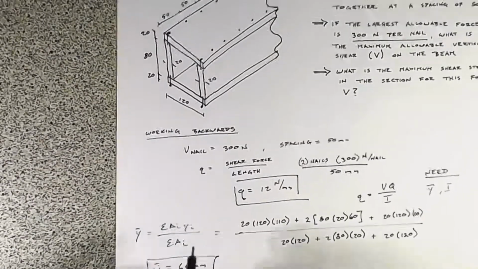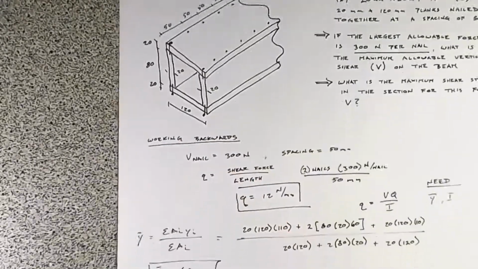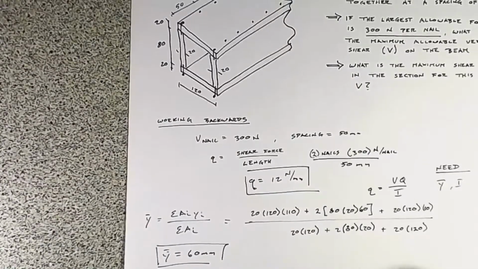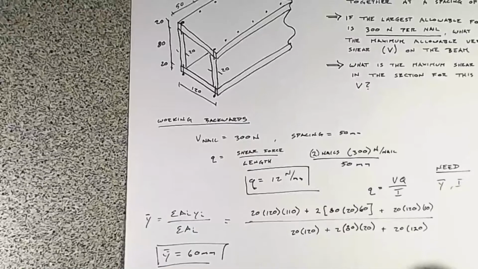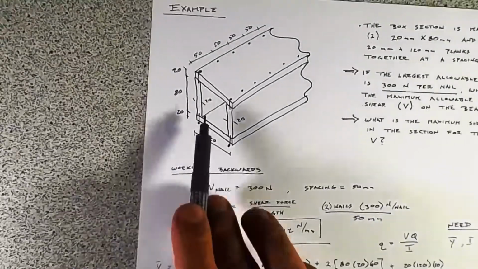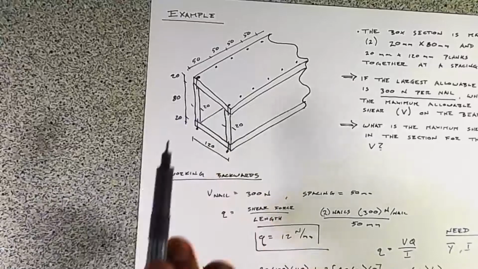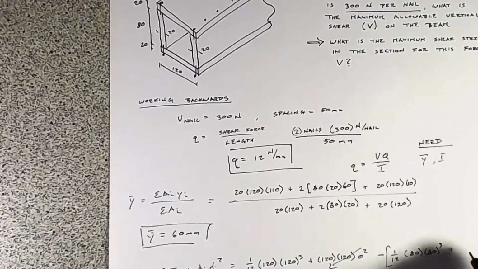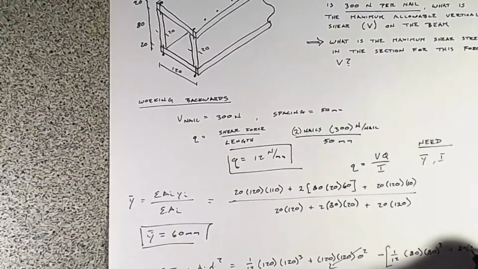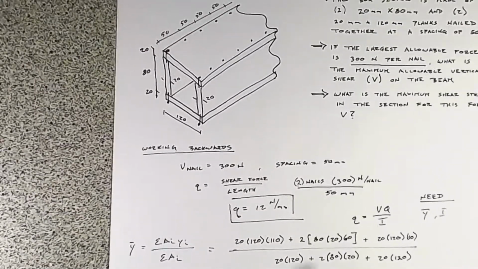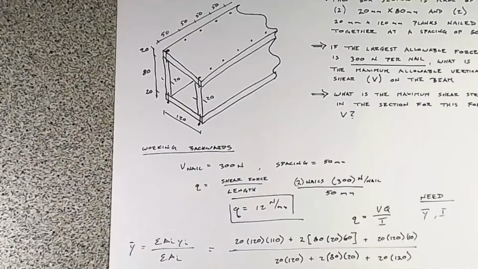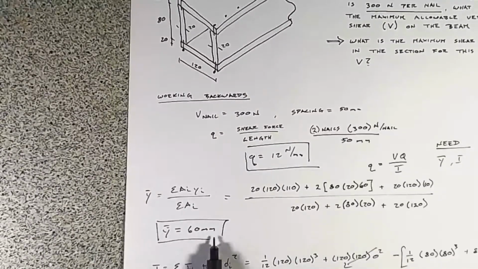And then let's subtract out the void in here, and that's going to be 1 over 12 times 80 times 80 cubed, plus 80 times 80 times 0 squared, because again the centroid of the void which we're subtracting out is at the same location as the centroid by which we are taking our moment of inertia around.